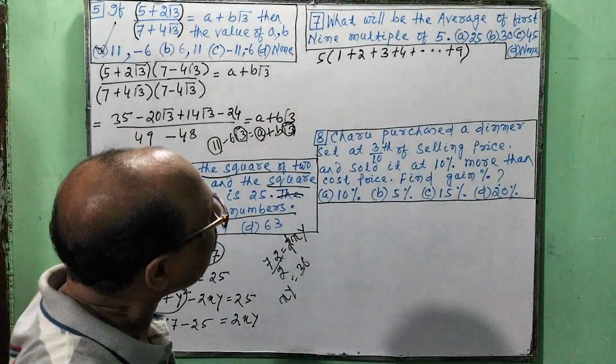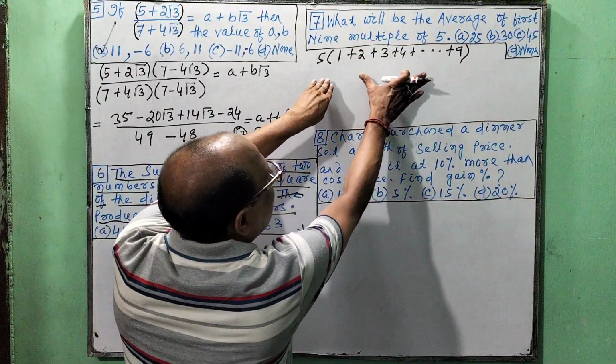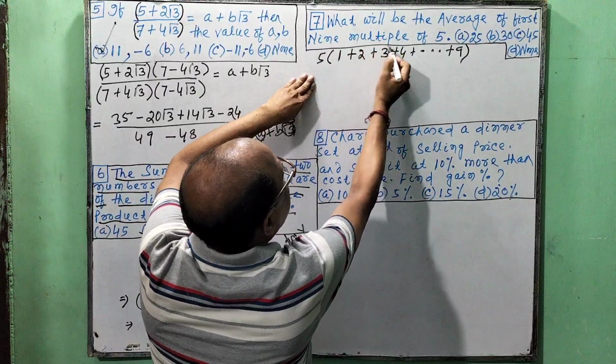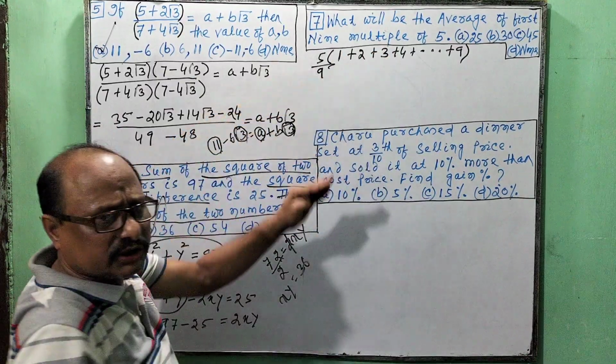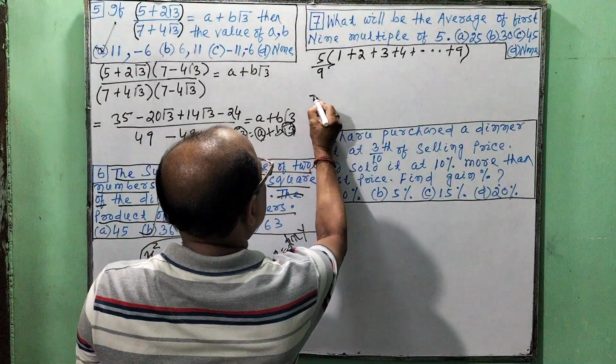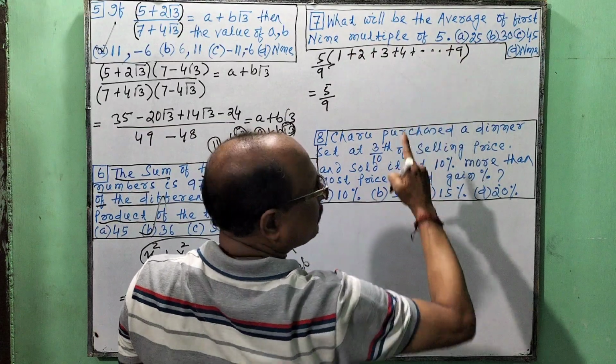But the question is, what will be the average? So this is the total, 5 into this is the total. Average of 9 numbers, 9 multiples, so divided by 9. So it equals 5 by 9 into the sum 1 up to 9.